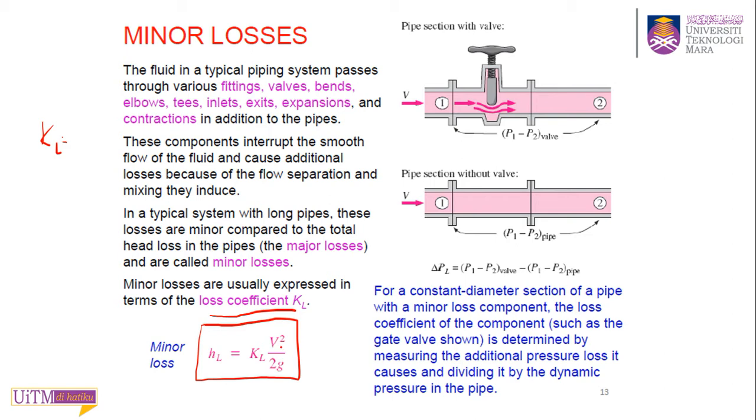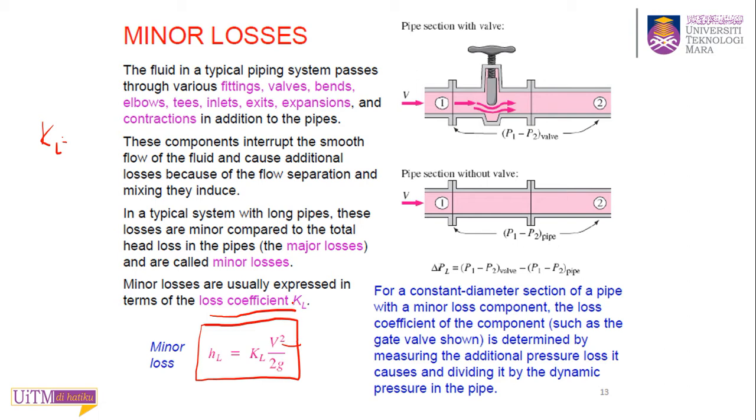So if you have a constant diameter of a pipe, that means your V is the same. But if you have two different cross-section areas of the pipe, that means you need to separate the bigger pipe and the smaller pipe, because the velocity is not the same.